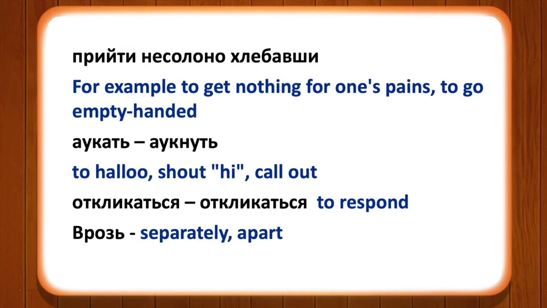That means to halloo, or to shout high, or to call out. Next word we have откликаться. That means to respond. Next word is врозь. That means separately or apart.